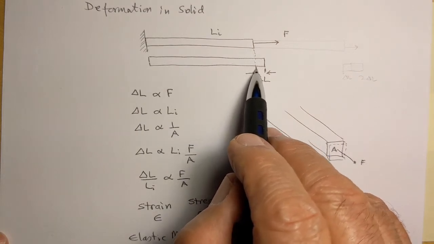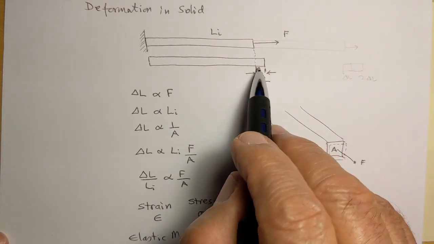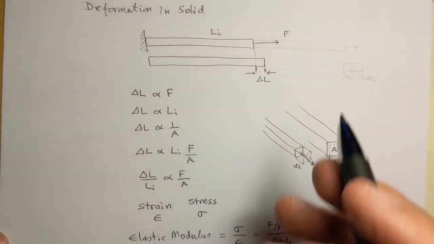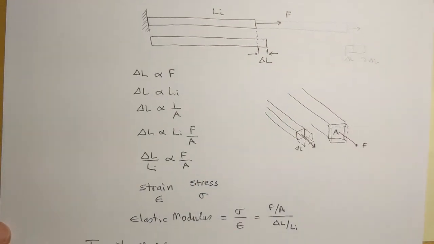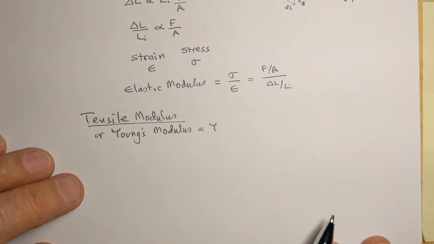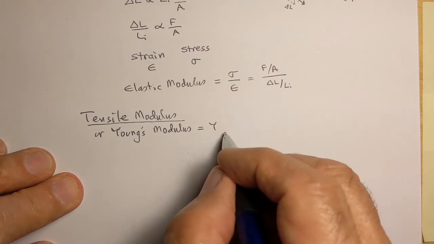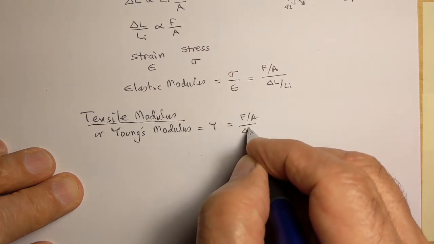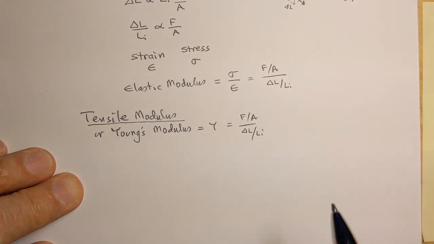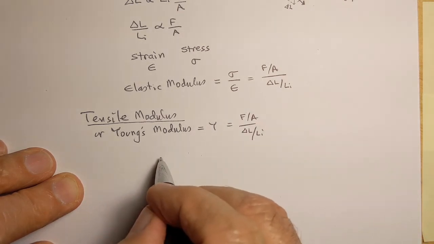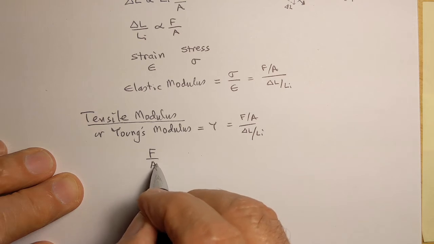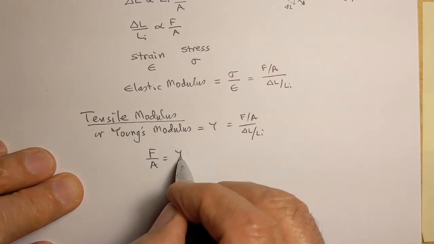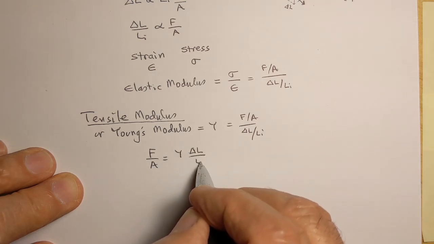This is a tensile modulus and a tensile deformation. So we can say that the Young's modulus Y is F over A over delta L over Li. Or we can also write it as F over A equals Y delta L over Li.